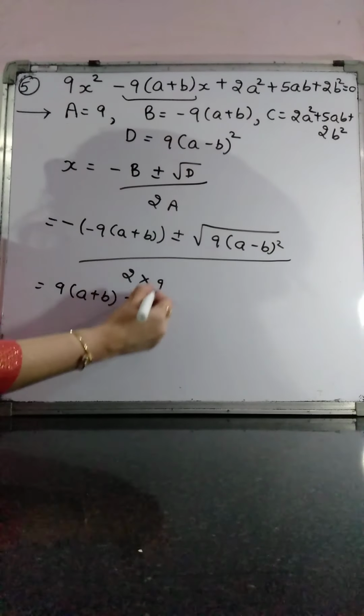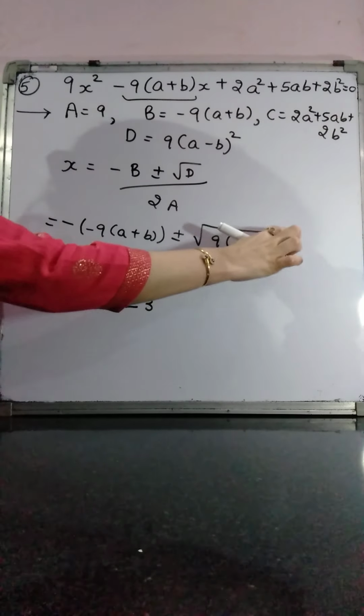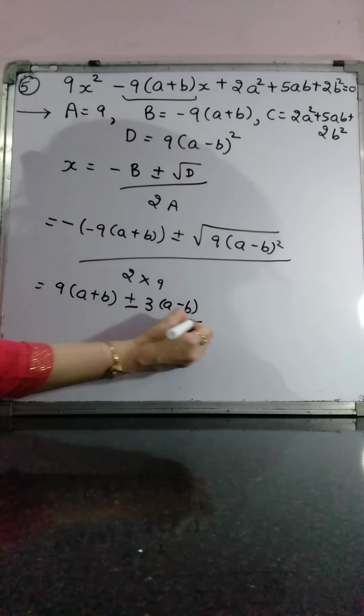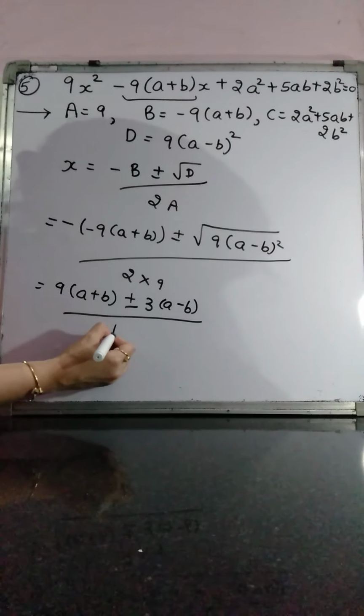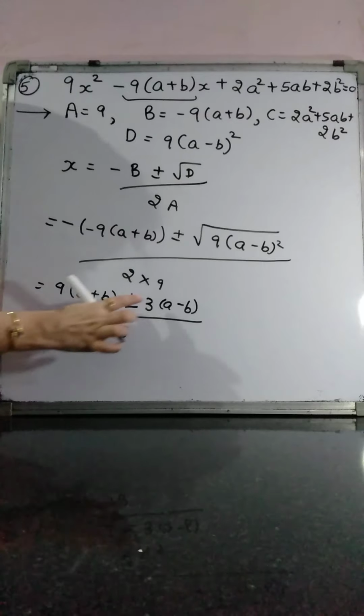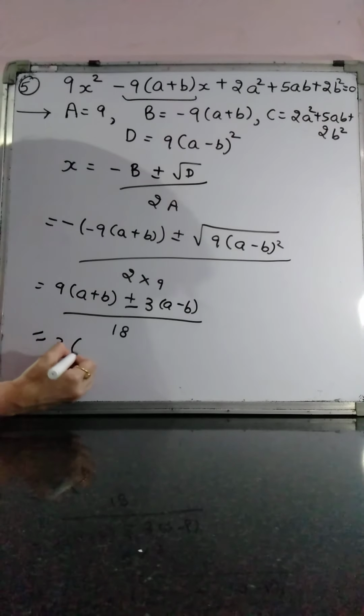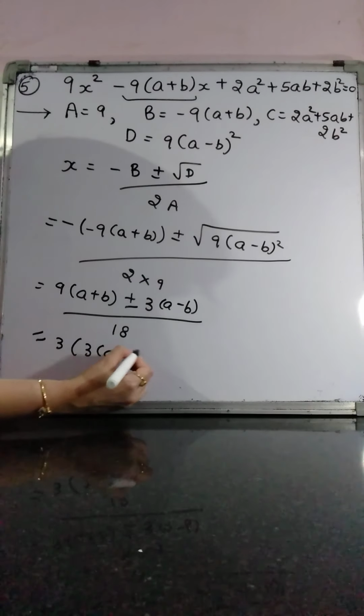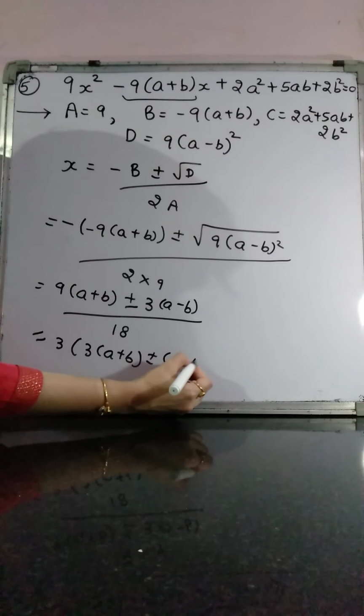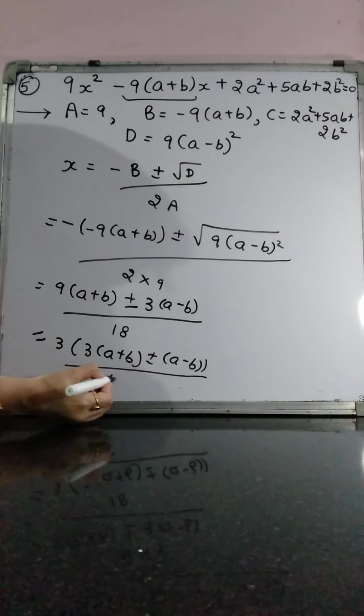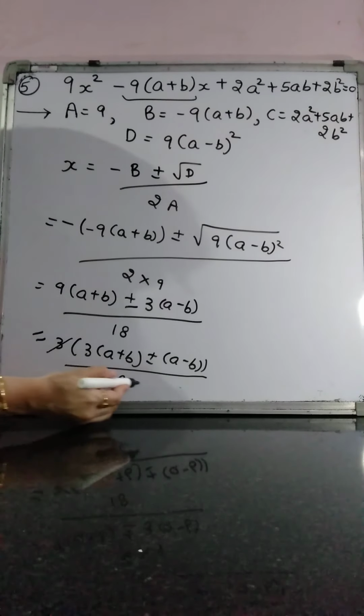Under root of 9 is 3. Square and root cancel out each other. 2 into 9, 18. Take 3 common. 3 times a plus b plus minus a minus b by 18. 3 cancel out, 6.